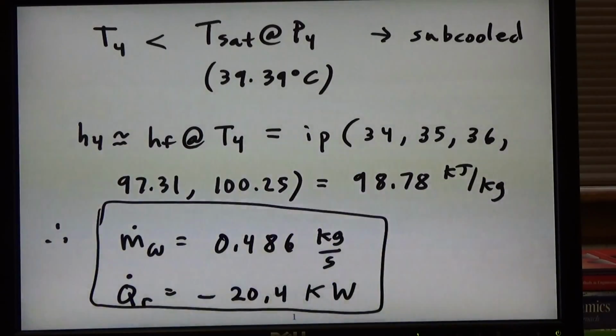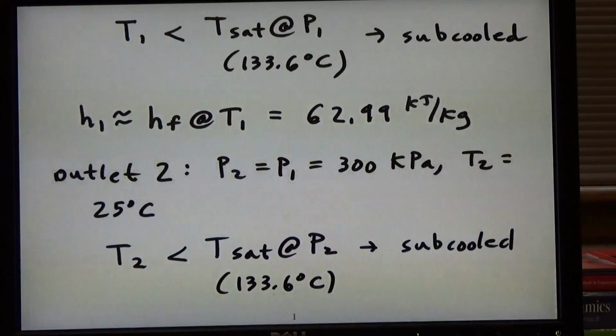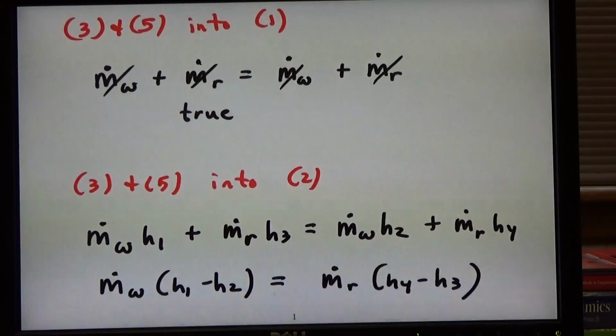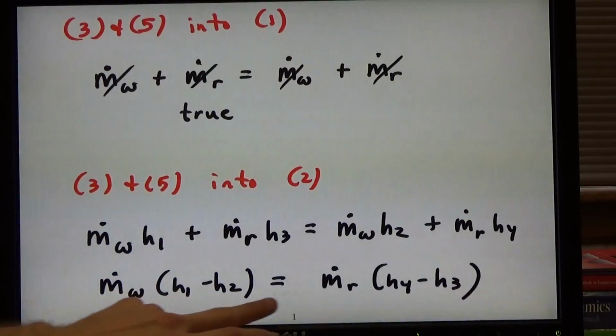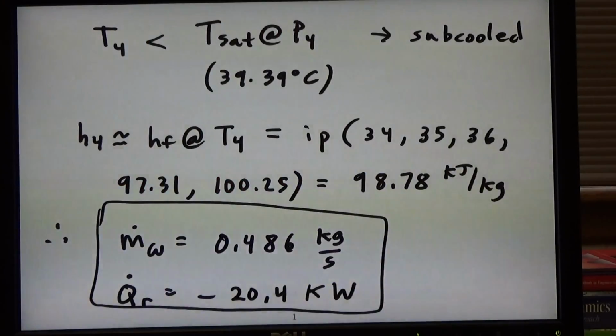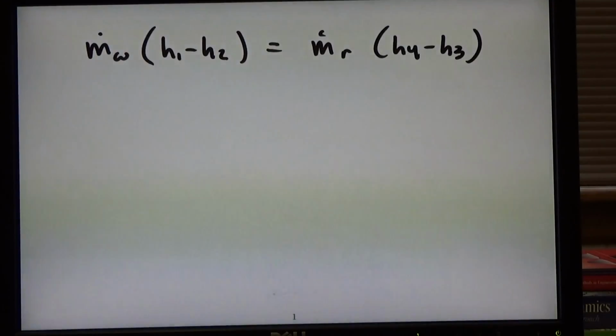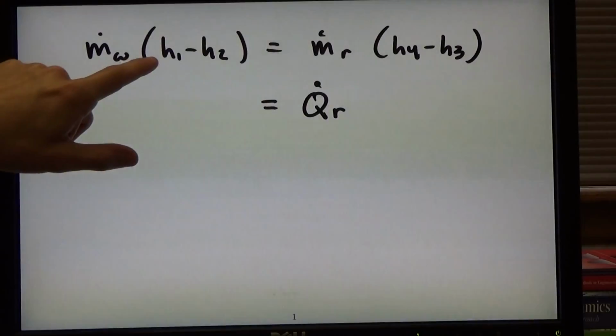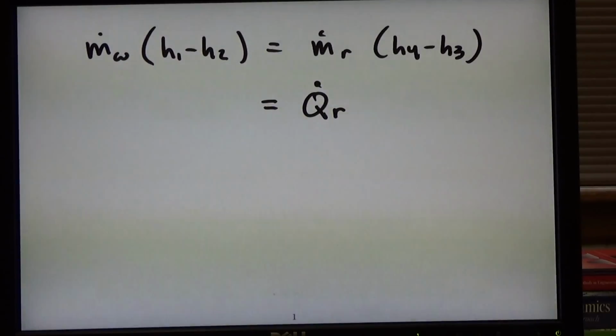One thing I want to show you is, based on our energy balance equation, let me pull this equation down to the bottom. M dot of water times (H1 minus H2) is equal to M dot of refrigerant times (H4 minus H3). We already said that this was equal to Q dot R. And this one is equal to mass flow rate of water times negative delta H of the water.